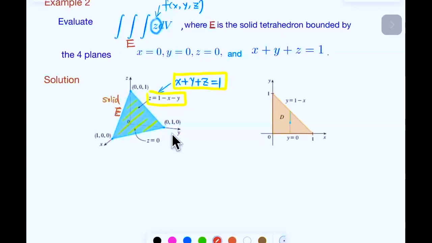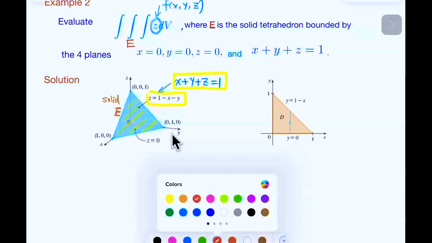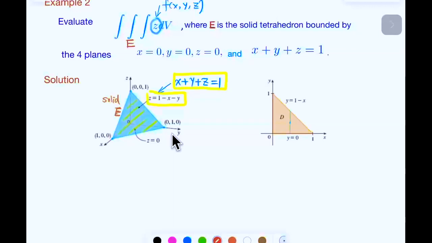Z type, yes. I heard you just said that it is a Z type solid. The solid is bounded above by this surface over here, the top, and then bounded below by what?